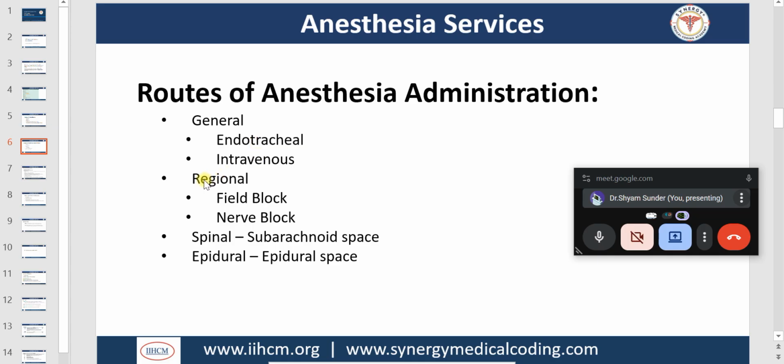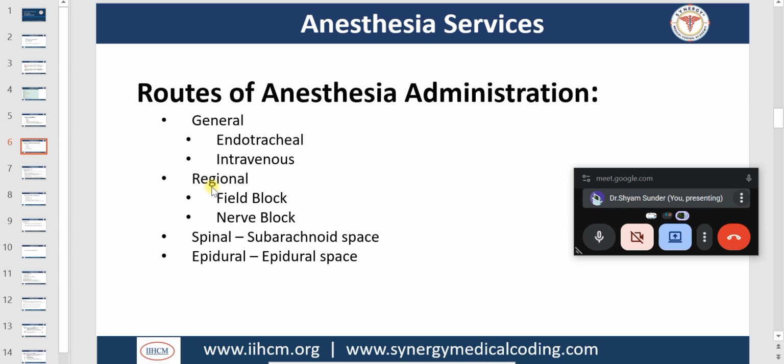If it is regional, there are a couple of things like field block, nerve block. So they give an injection directly to the nerve. Regional means only one hand is paralyzed or one leg. For the remaining body, the patient will be able to feel the pain sensation, but only where the surgery is done. For example, surgery is done on the leg.